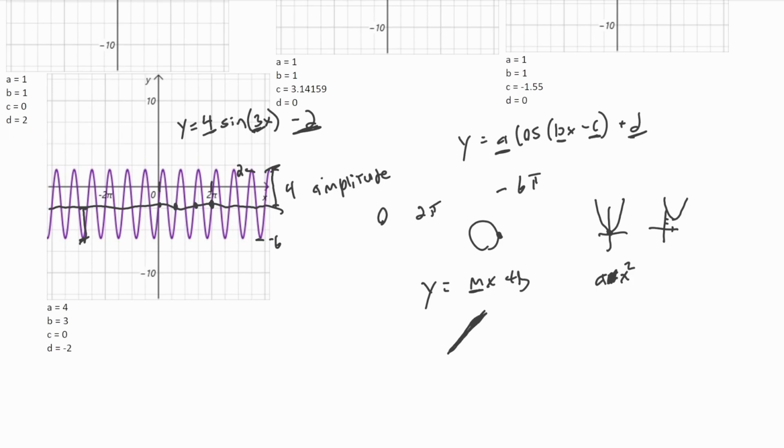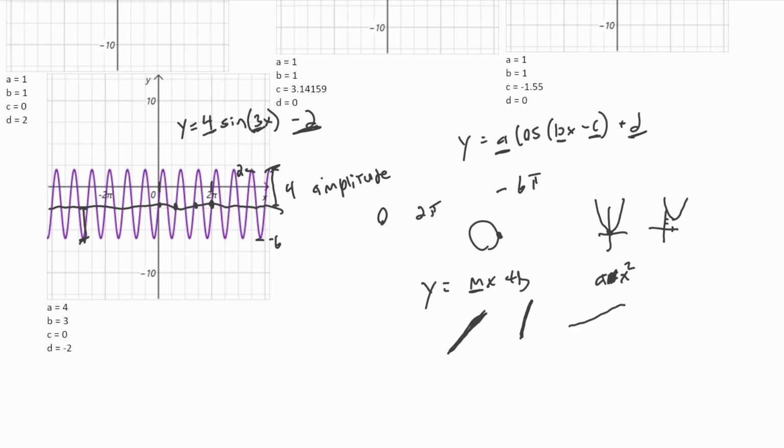A shift down is also a shift right. And so there is no separate c and d like there is for the trig function here. And the same thing with the vertical and horizontal stretching. So if we're to stretch it vertically, meaning have a steeper slope, that's also a horizontal compression.